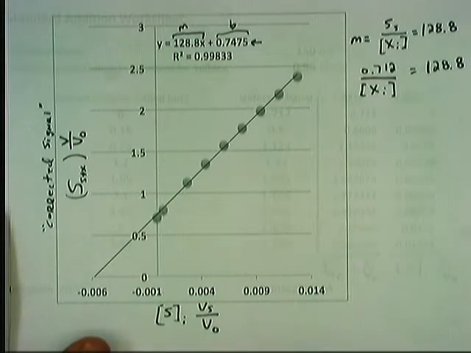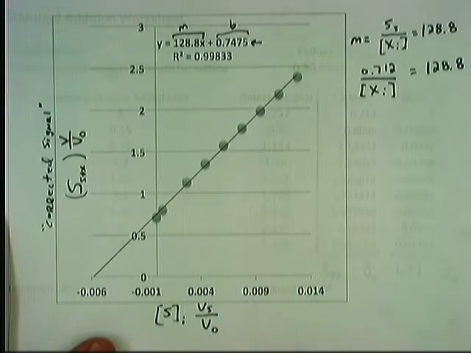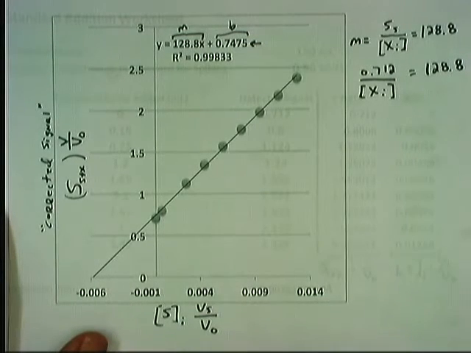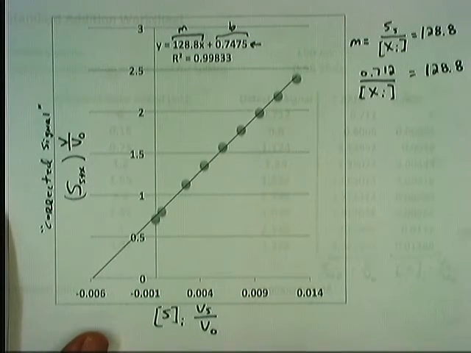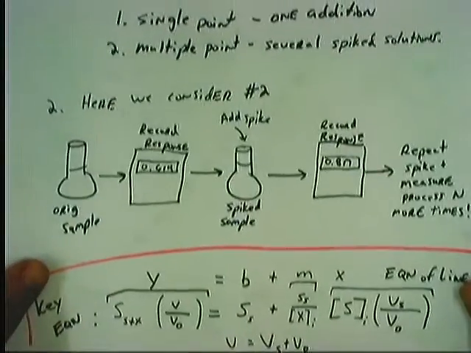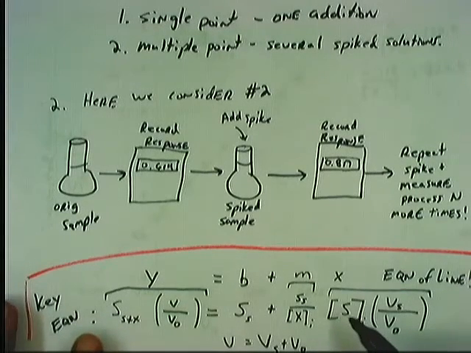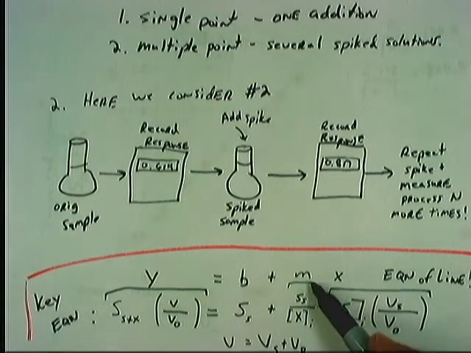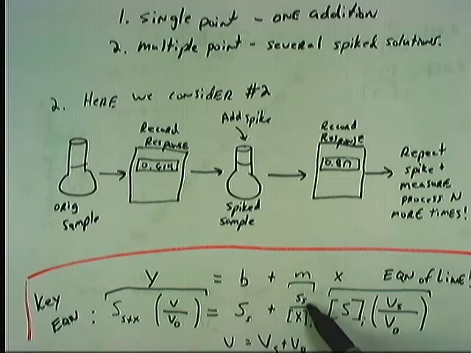Now, why is this significant? Well, it's very significant for this standard additions. The reason why is because if you look all the way back to that initial equation, what was m, my slope, equal to? Wasn't it equal to S sub S, divided by X sub I?